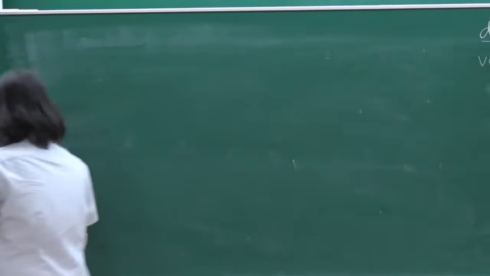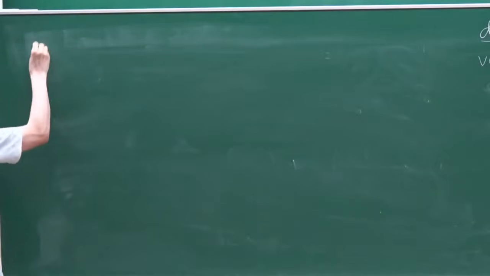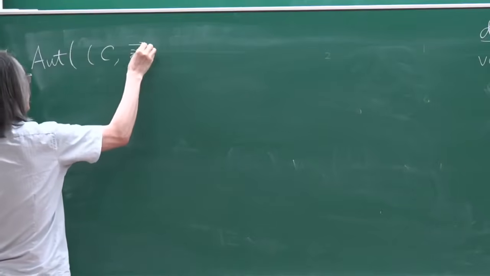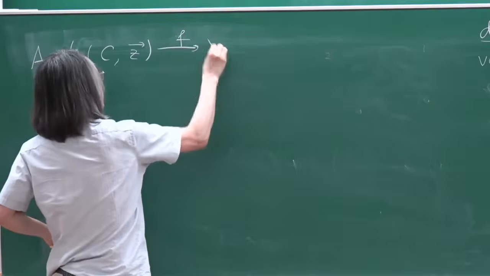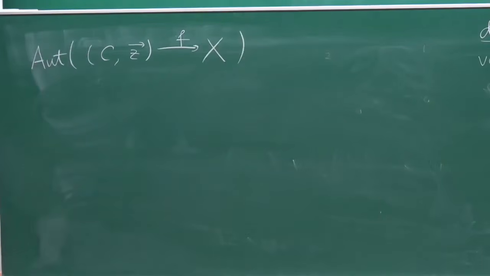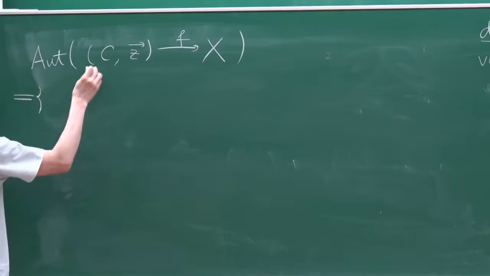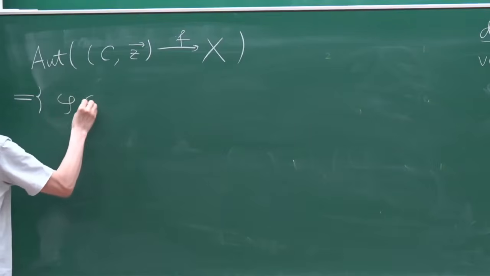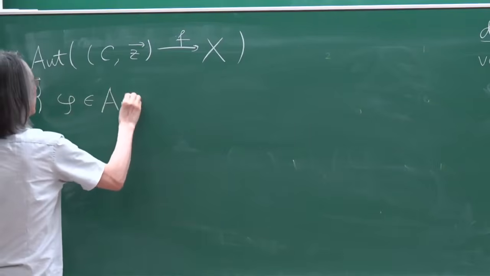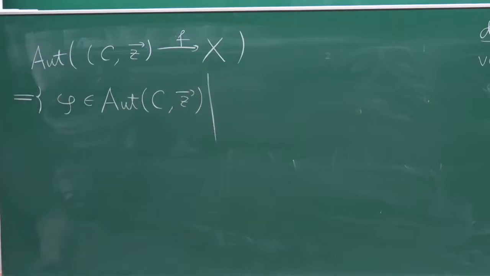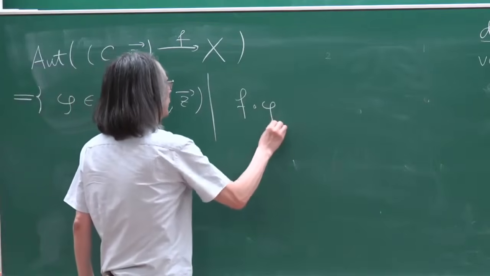What is the automorphism of this thing? If we ask, then it is a really natural concept. So this is actually an automorphism of the domain curve. So phi is an automorphism of the domain curve so that this one preserves the mapping F, namely F composed with phi is equal to F.